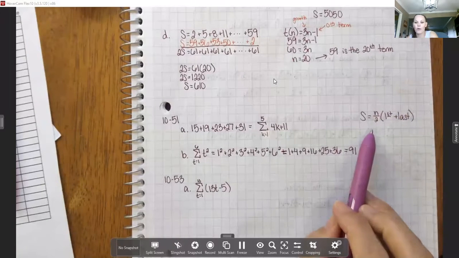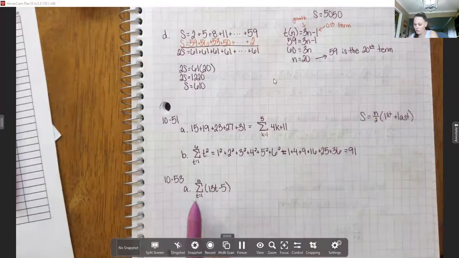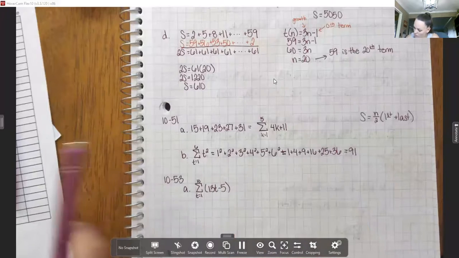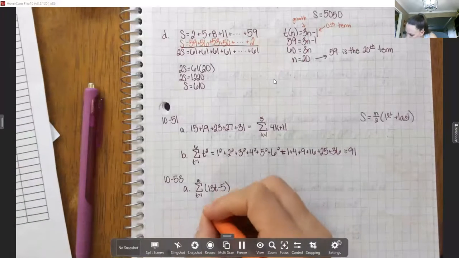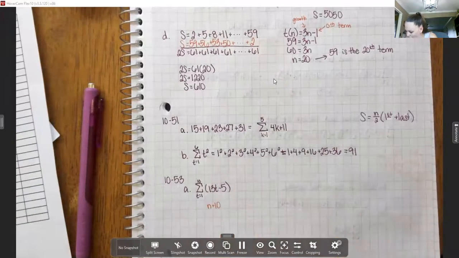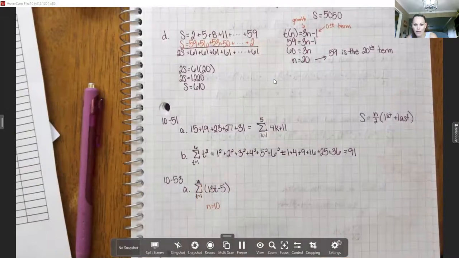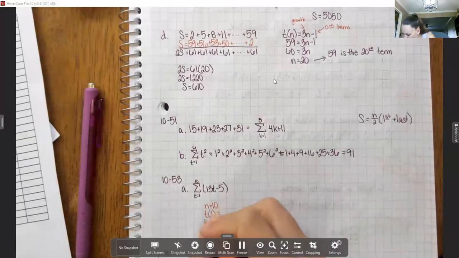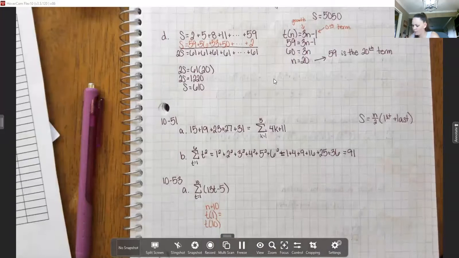So that's what we wrote in our notes yesterday. So we're able to use that here. So here we know that n is equal to 10. We're going from 1 to 10. We need to find the first term and we need to find the 10th term.